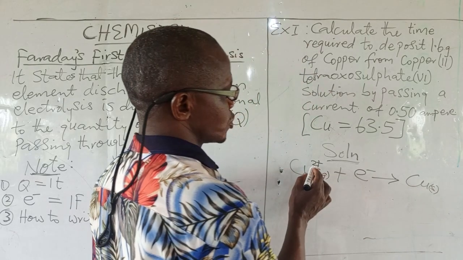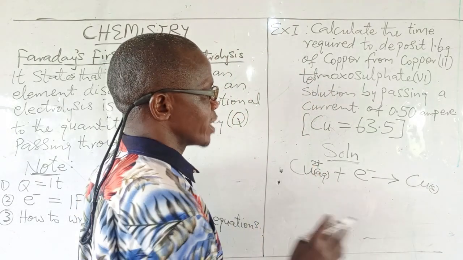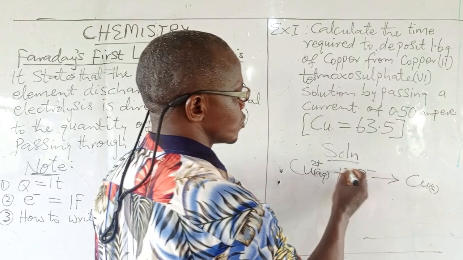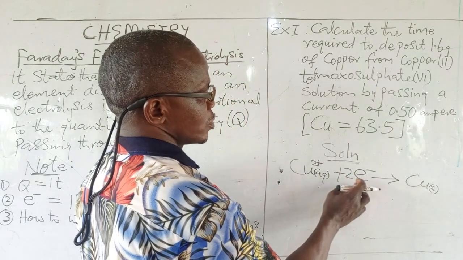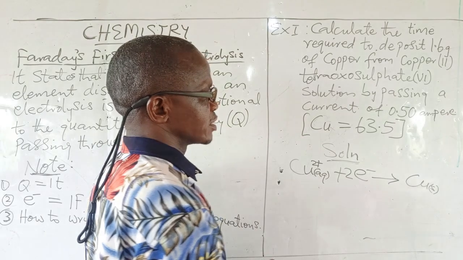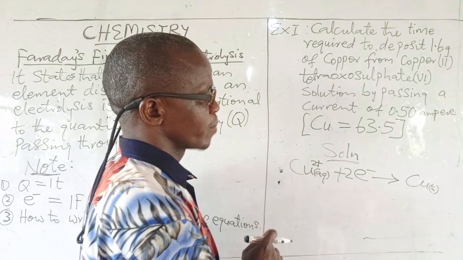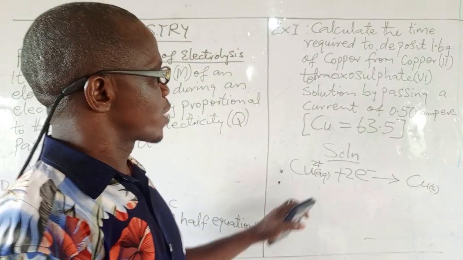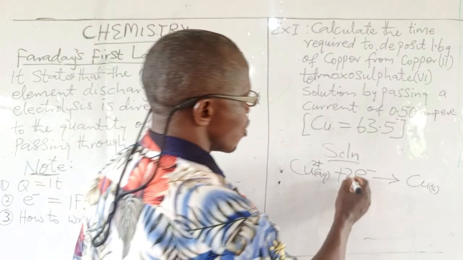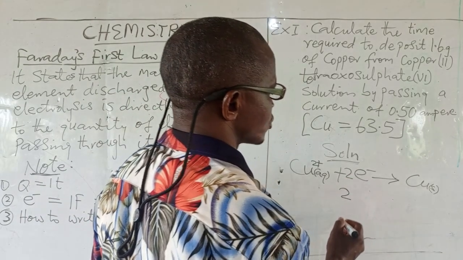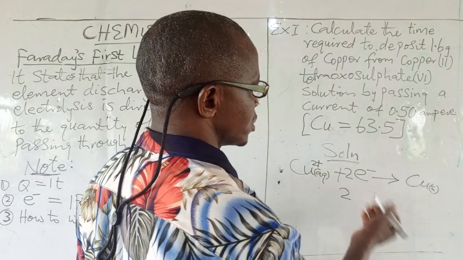Now, remember, this is 2 electrons that went in. So balance that equation with 2, so that the equation is balanced now. The charge is balanced.